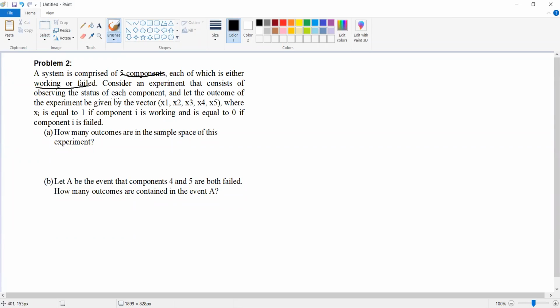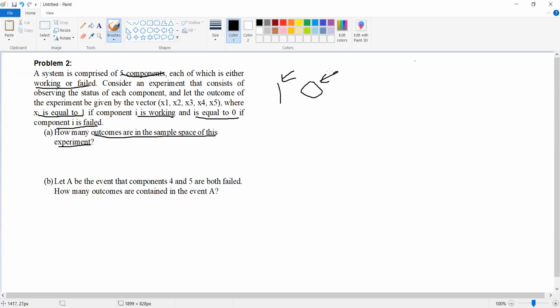Consider an experiment which consists of observing the status of each component and let the outcomes of the experiment be given by the vector x1, x2, x3, x4, x5, where xi is equal to 1 if the component i is working and is equal to 0 if the component i has failed. So technically 1 means it's working and 0 means it isn't working. How many outcomes are in the sample space of this experiment?